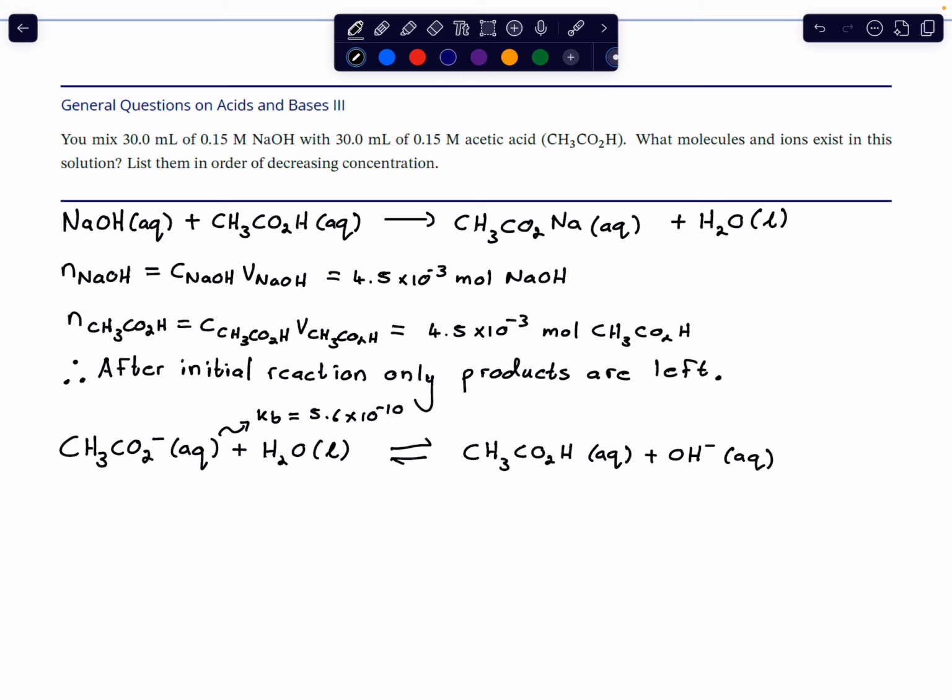Alright, so that means after reaction, let's say after mixing, the species present are what?